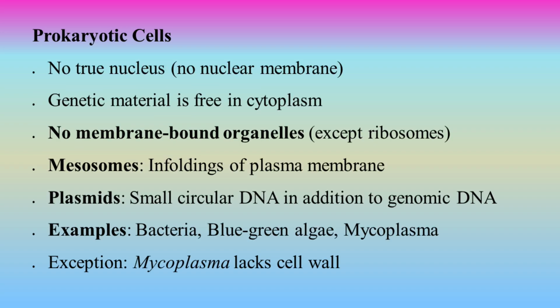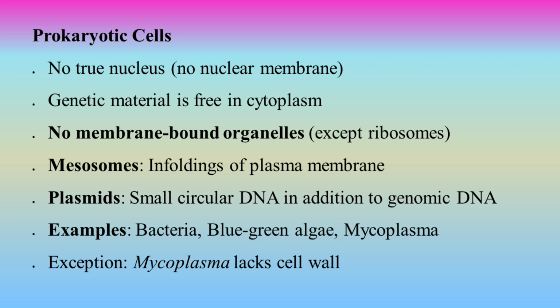Prokaryotic cells. Prokaryotic cells are primitive and simple in structure. They do not have a true nucleus. Their genetic material floats freely in the cytoplasm. They also lack membrane-bound organelles, but they do have ribosomes. An interesting feature is the mesosome, a folded structure of the cell membrane believed to help with respiration.